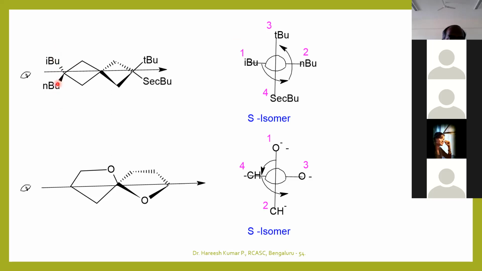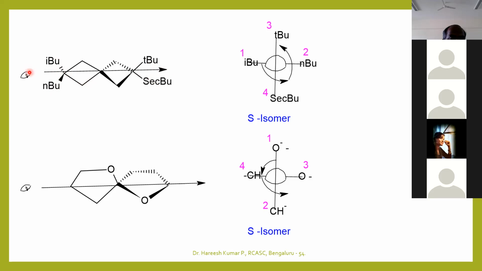Between these two, tertiary butyl and secondary butyl, this is a secondary carbon, this will be the tertiary carbon. So tertiary carbon takes the priority compared to this one. Once you know the priority, when the chiral axis is passing through this, these two groups are nearer groups, these two groups are the far groups.